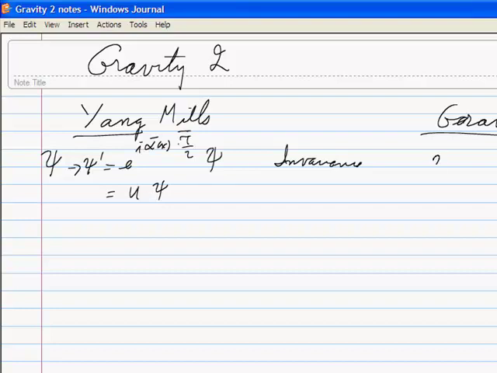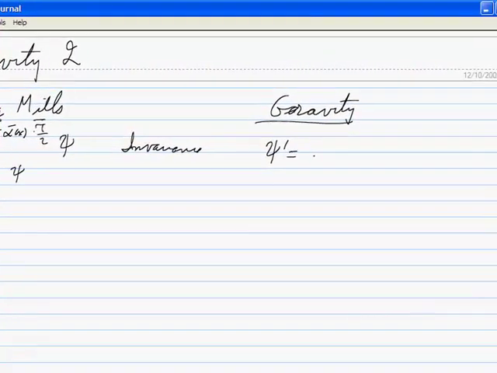In gravity, it's psi prime is e to the i omega_AB S_AB over 2 psi, where S_AB is minus i sigma_AB over 2, if I remember correctly. But we ask for an invariance like that.